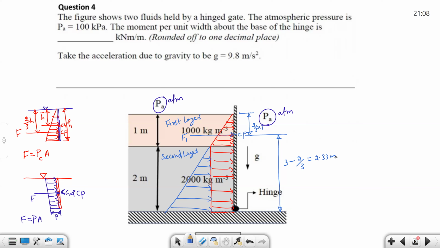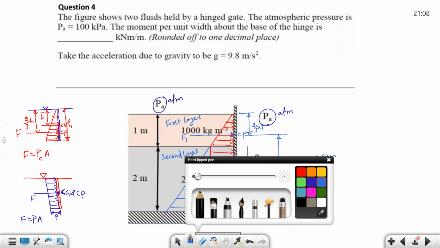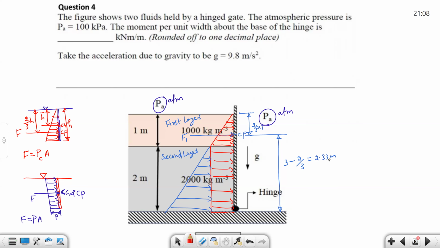So next, the second force is due to this rectangular pressure distribution.